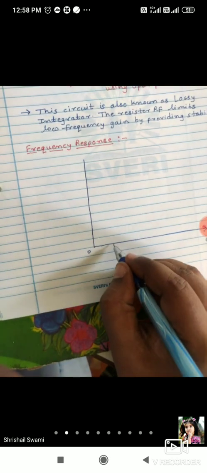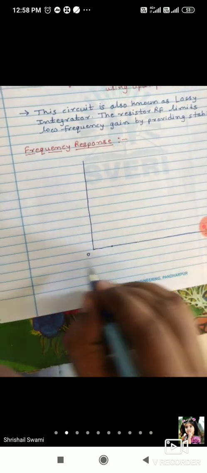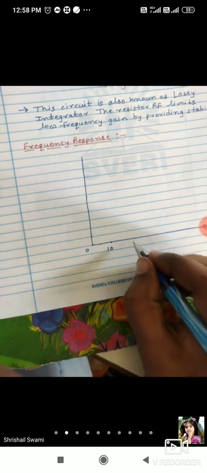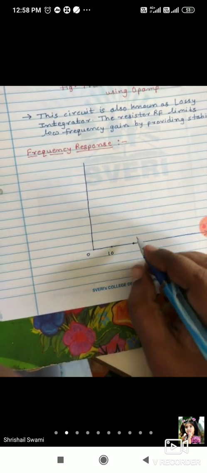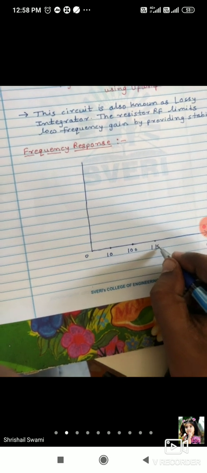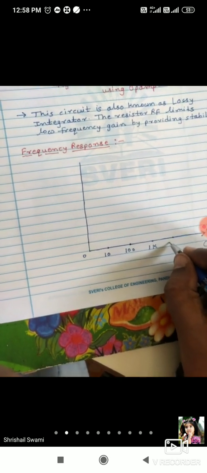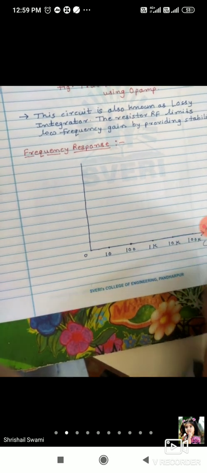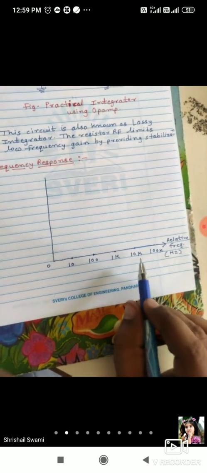Relative frequency, we can consider on semi-log paper. So here 10 raised to 1, that is 10. Here it is 100. Here it is 1k. Here it is 10k, 100k, like this. This is called the relative frequency.